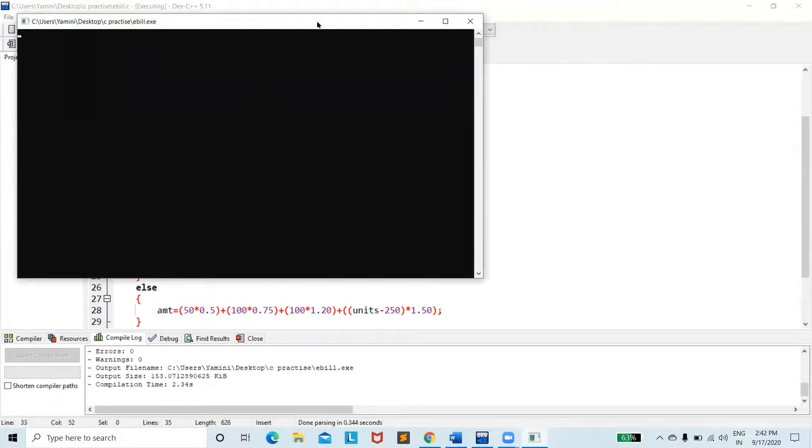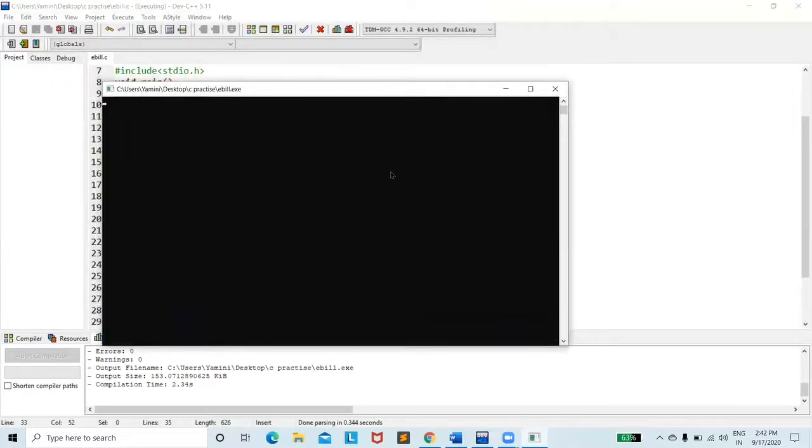Let's wait for the output. Here we go. Enter the number of units consumed. I'll take 173 units consumed. What will I be getting? Look at it, 153.119995. How many places did we get? As I said, after the decimal we have 6 places.